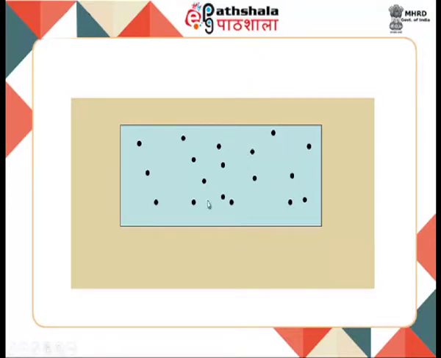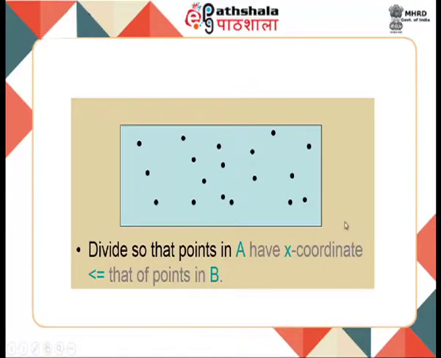Given a set of points like this, can you say which is the closest pair? You can see we are trying to apply the divide and conquer strategy. The first step is the division. We are going to divide this set into subsets like this.